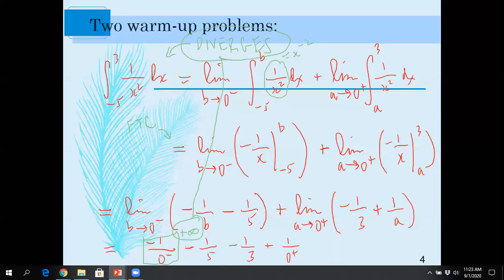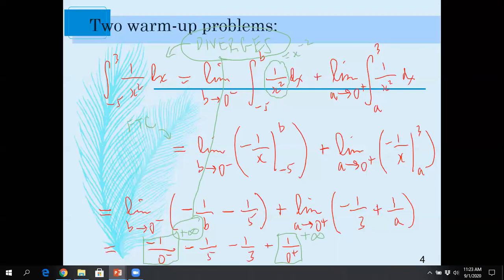But you can think about other stuff as well. What about the 1 over 0 plus? What does that also go to? That goes to positive infinity also, right? So if you were to actually say what the value of this thing is, you would say that it is infinity, yeah? This thing apparently has infinite area.